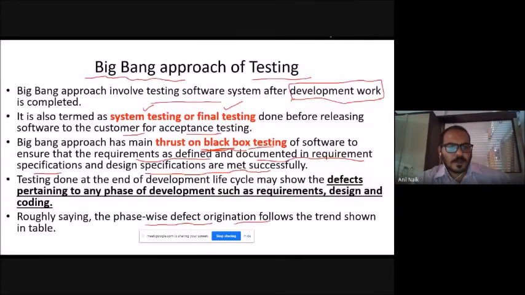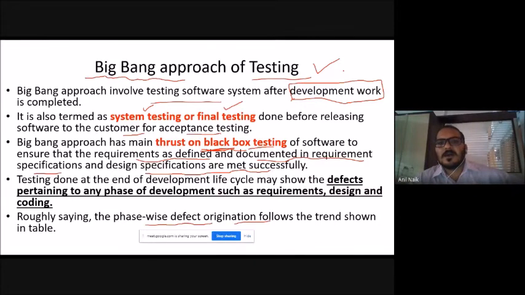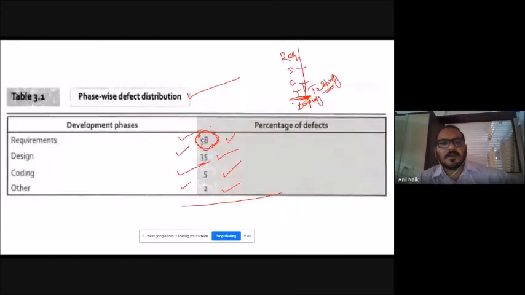So what is this approach? If we do the testing at the last, after completion of the development phase, then defects may arise in the requirement phase, or the design phase, coding phase, or any other phase.